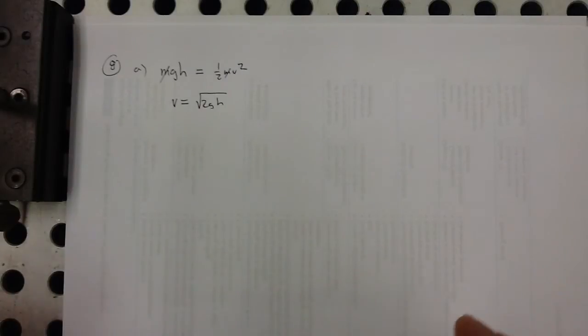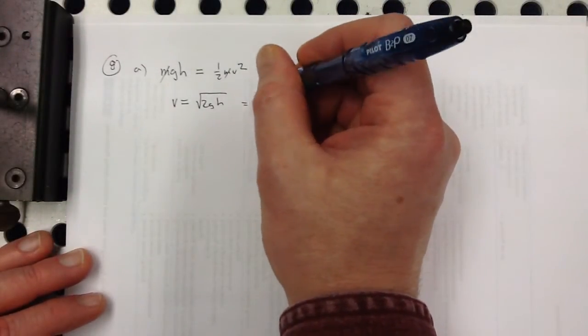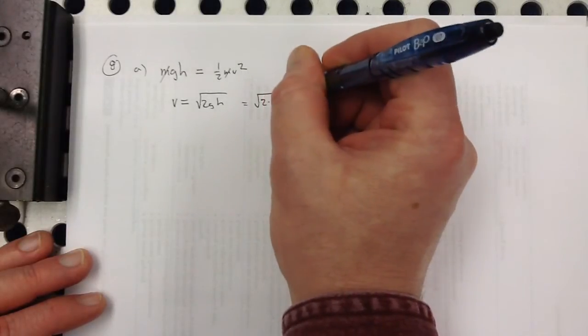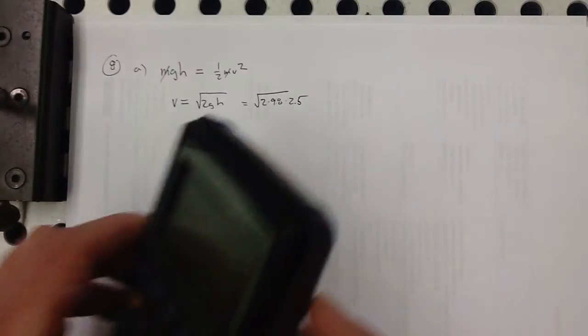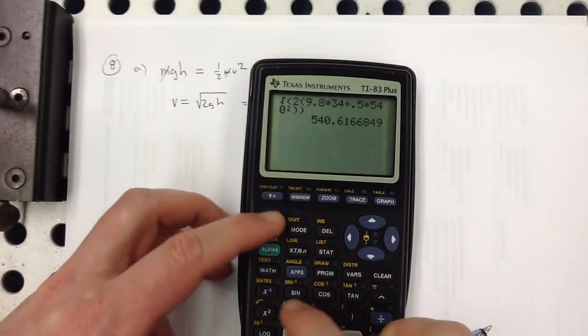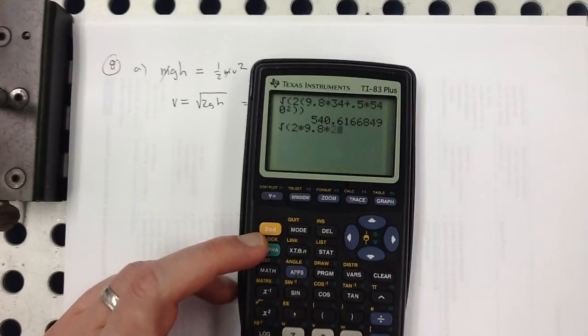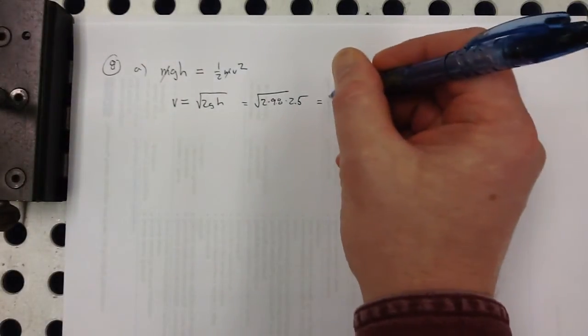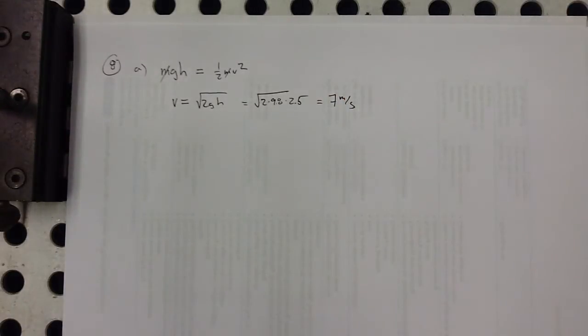It's 5 times the sine of 30. Sine of 30 is 1/2. So that's square root of 2 times 9.8 times 2.5, which is 49, square root of 49 is 7. So it's going 7 meters per second.